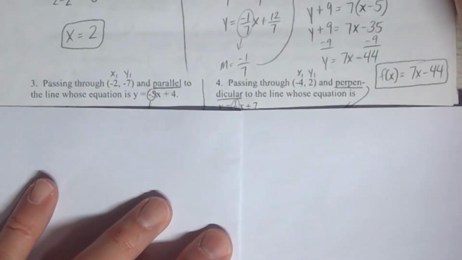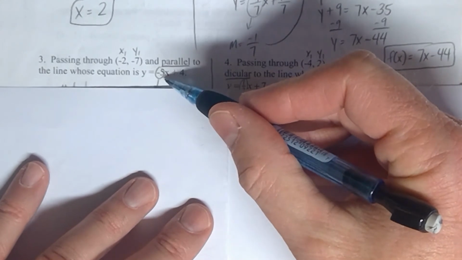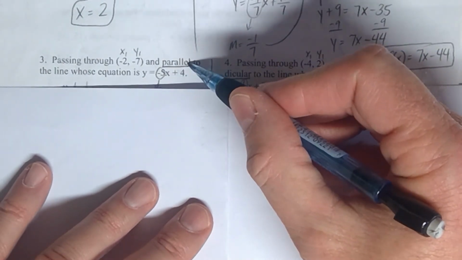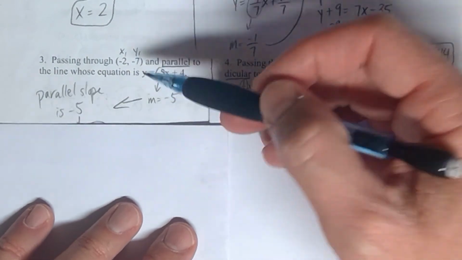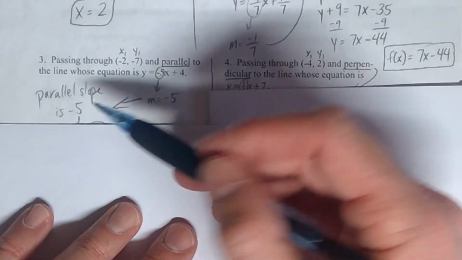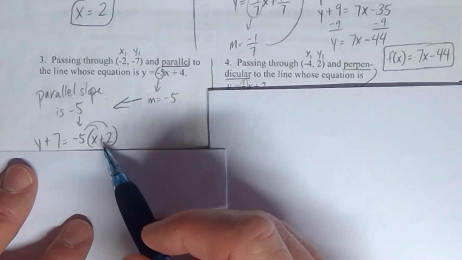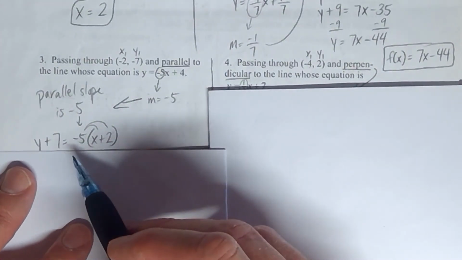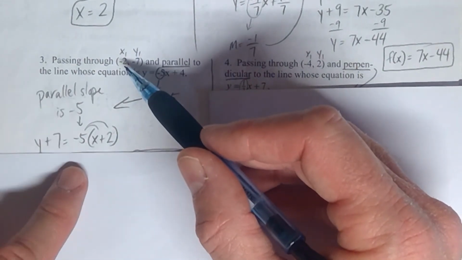Okay. Number 3, we determine that the slope of this equation is negative 5. Since it says parallel, that means you keep the slope the same. The parallel slope is still going to be the same number, negative 5. And then we plug it into that secondary formula, the point slope formula, like this. Because of the fact that the x is not 0, we have to use that formula.